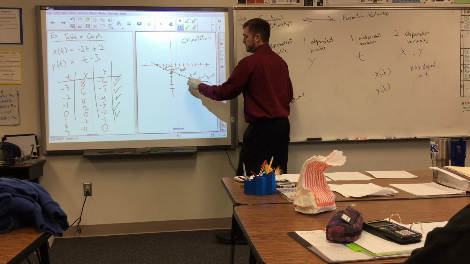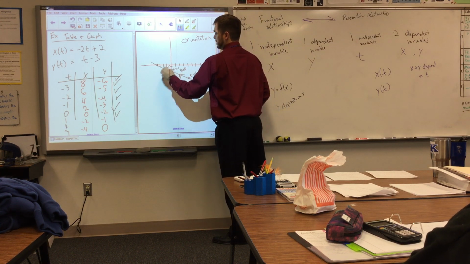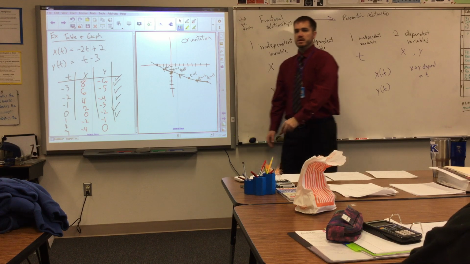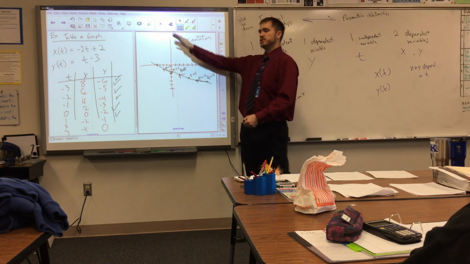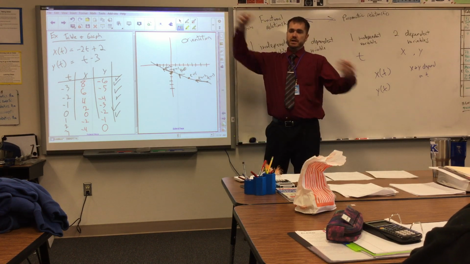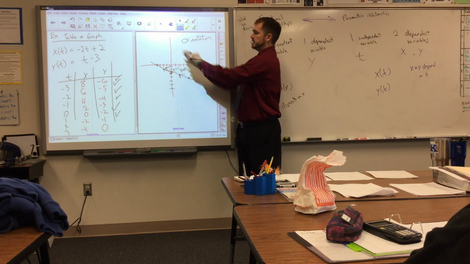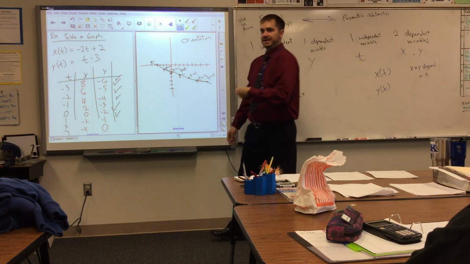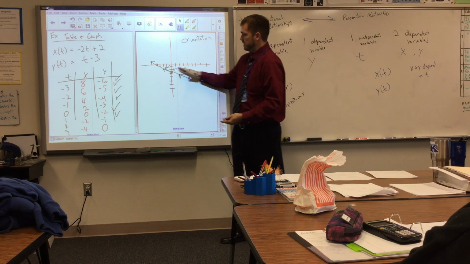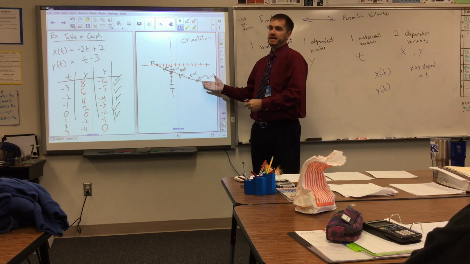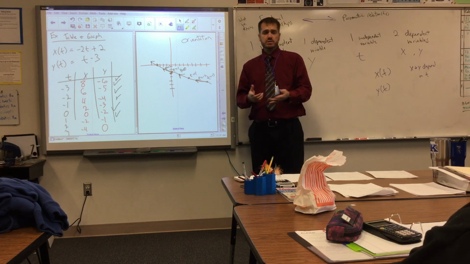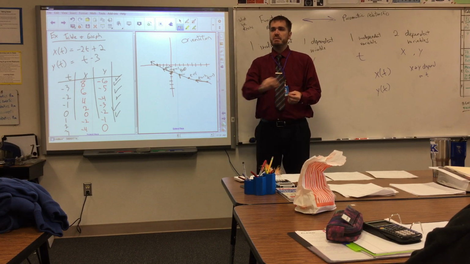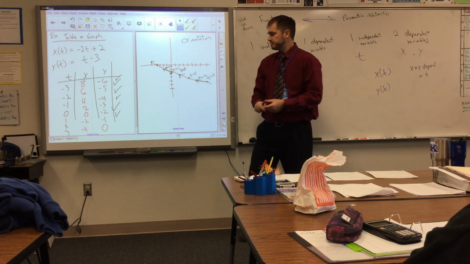It's going in this direction. So it's not just a line that goes back and forth forever in each direction. It has a direction. As t is increasing, we're moving along this path. In fact, parametric equations are most commonly used to describe a path of something.